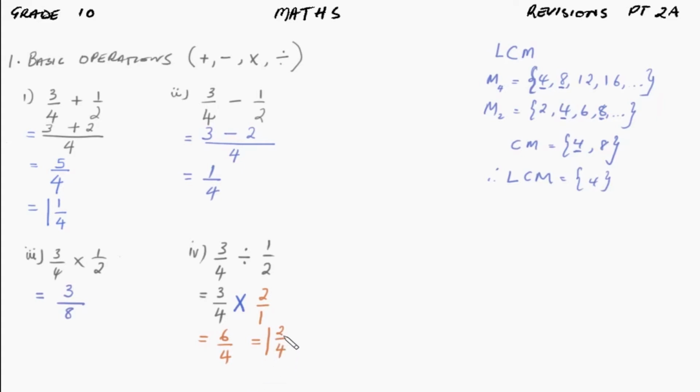So 2 over 4 can be simplified. So we can say, okay, this is equal to 1, 1 over 4. No. 1 over 2. Yeah, it's half, okay? So we have 1 over 2, okay? So that would be the answer.